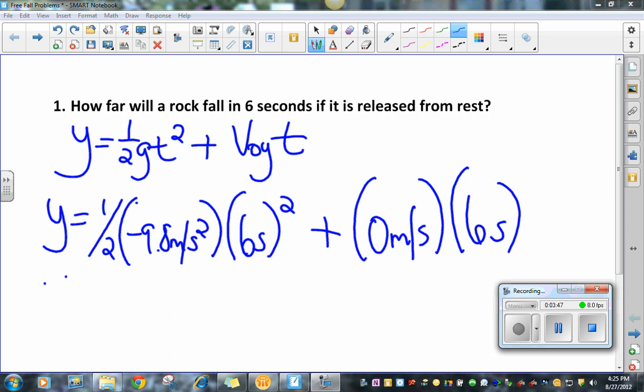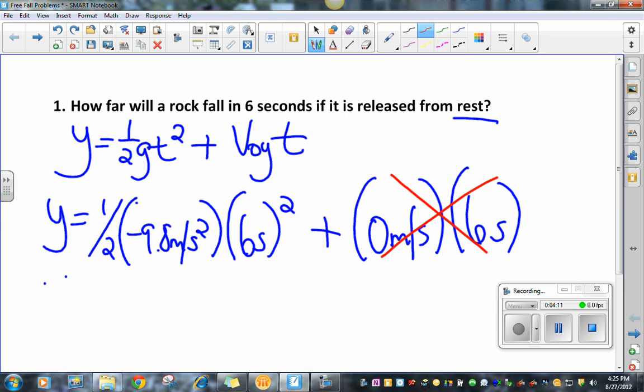Your time, don't forget that this time is squared, 6 seconds, the quantity squared, plus, remember your initial velocity, it was from rest. So this is 0 times your time of 6 seconds. If you look at this, 0 times 6 is going to be 0. So this quantity right here basically cancels out, and you're only left with that first half of the equation.